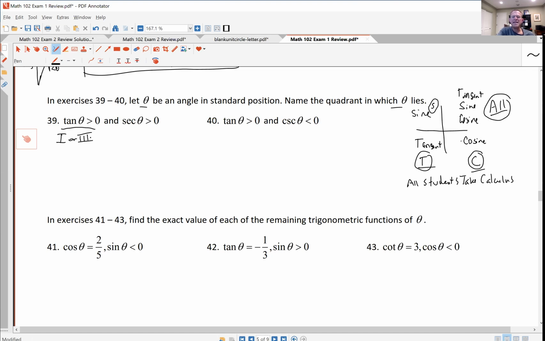If they tell me secant is positive, that means that cosine is positive. That tells me it's either in 1 or 4. But to be both of those at the same time, that means we're in quadrant 1, because they're both positive in quadrant 1.